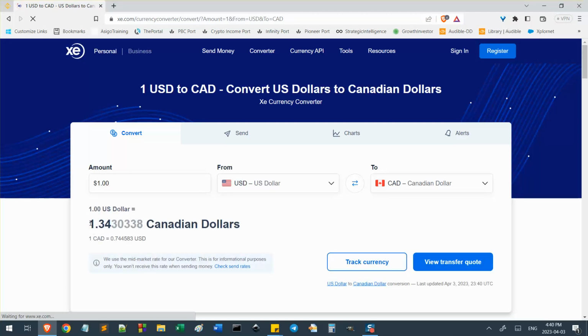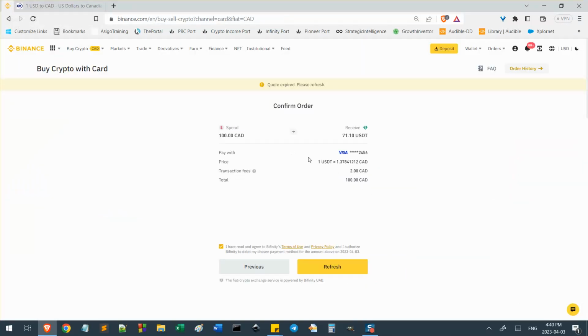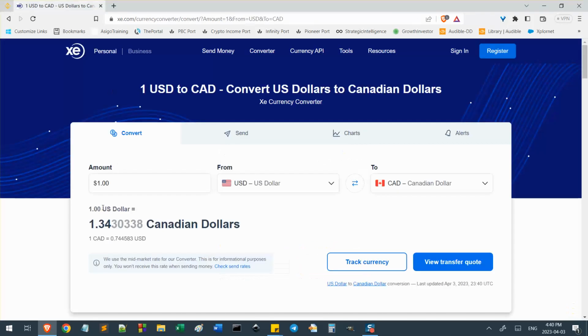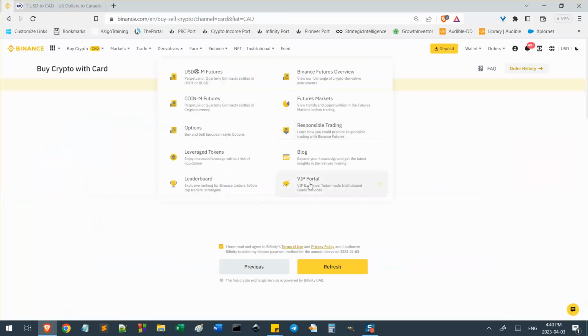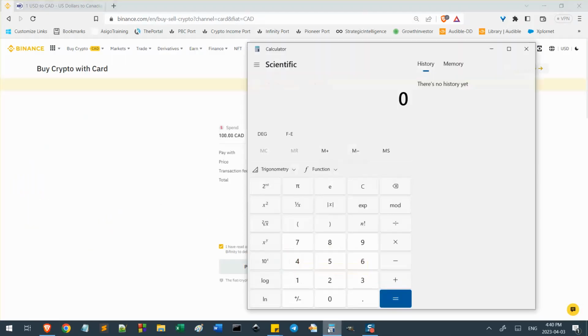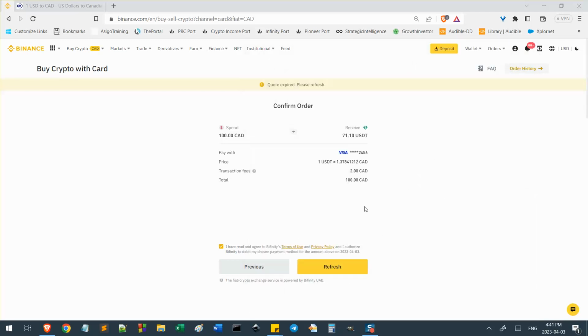Okay, so this is showing right here 1.343, and here we're seeing almost 1.38, so about 4 cents on 134, right? About 3%. That was just approximate. I didn't do the exact numbers.